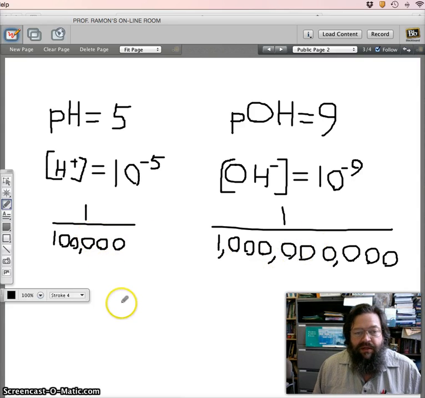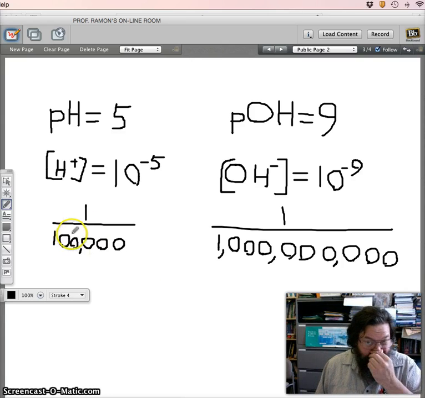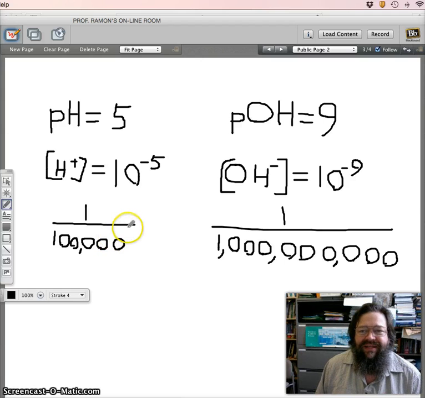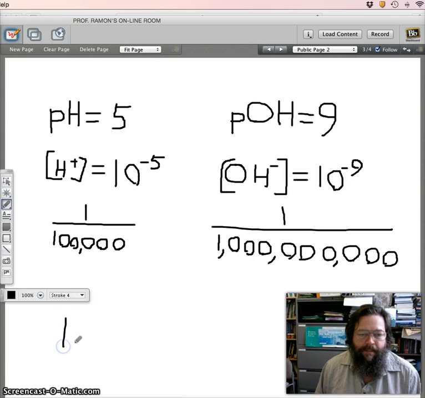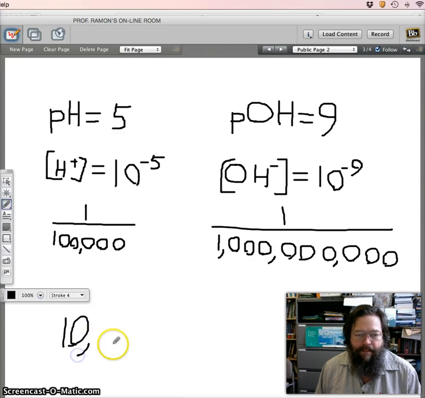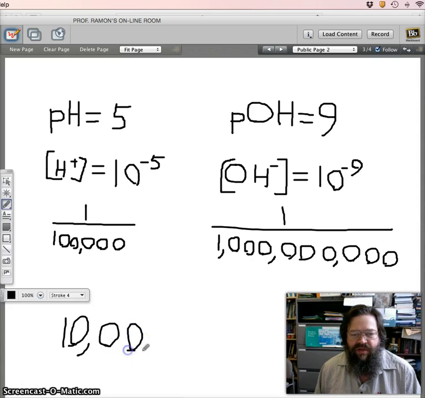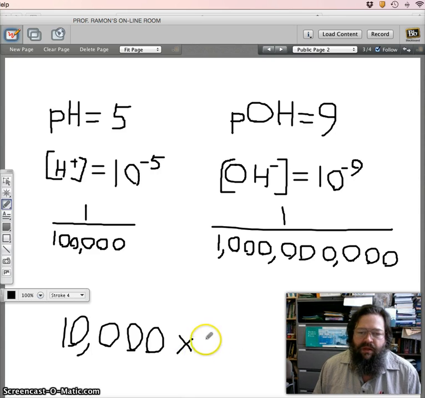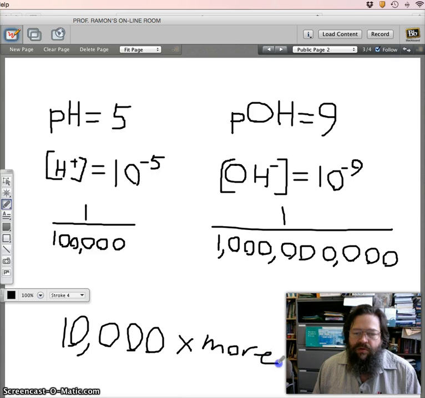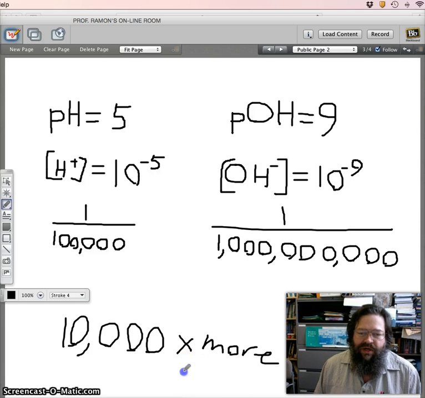If you've got more hydrogen than hydroxide, and in this case, what you've got is 10,000 times more hydrogen than hydroxide.